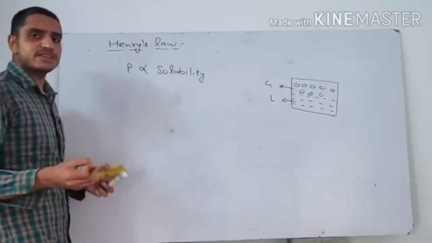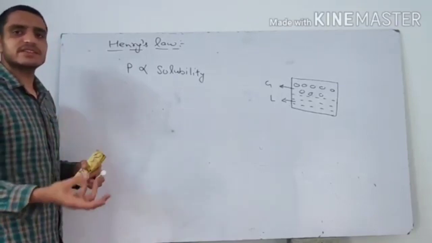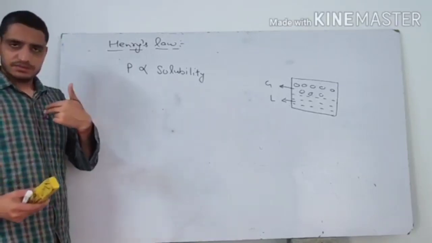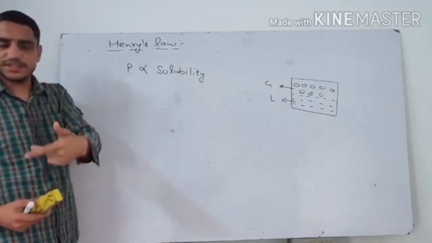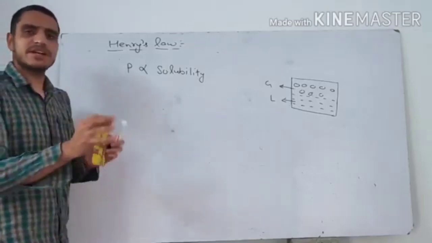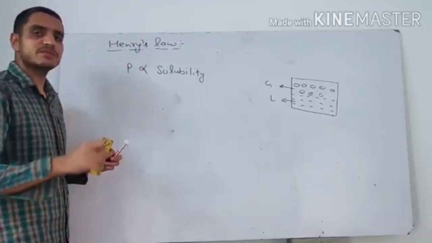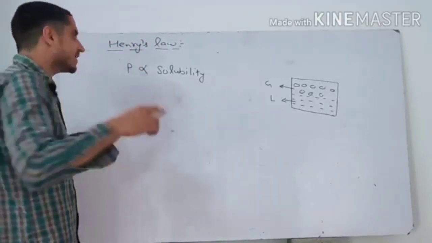So partial pressure means individual pressure applied by the various gaseous molecules. Total pressure means the pressure applied by vapors of gas A, gas B and gas C together. The individual pressure applied by each gas is known as the partial pressure of that gas.